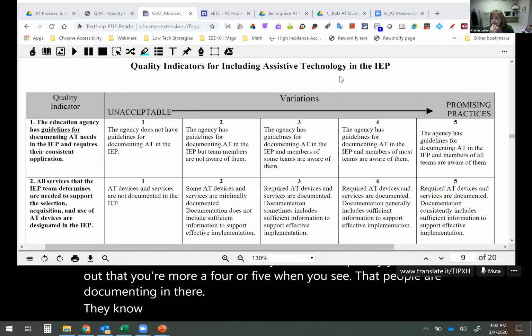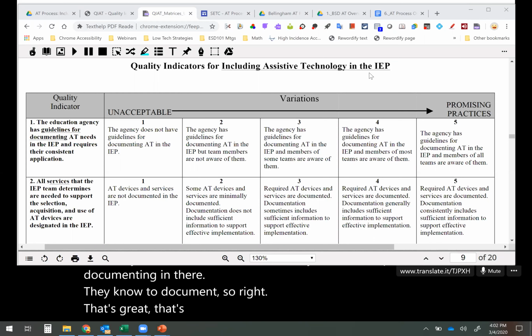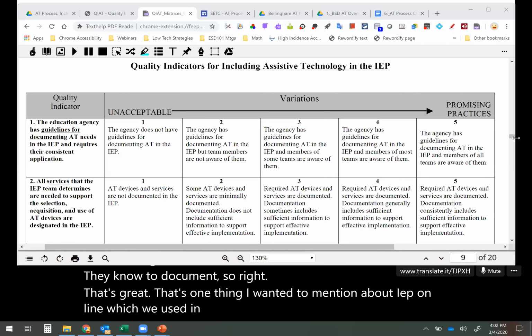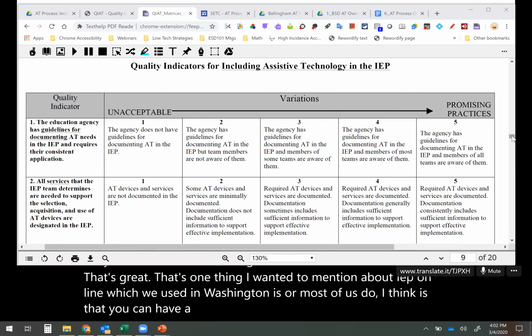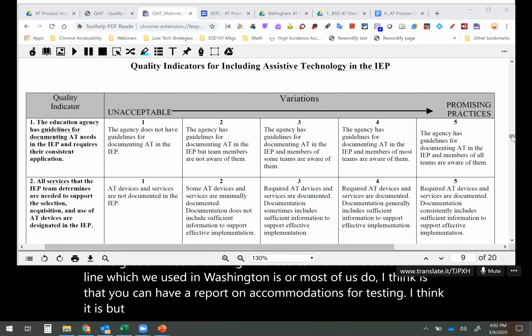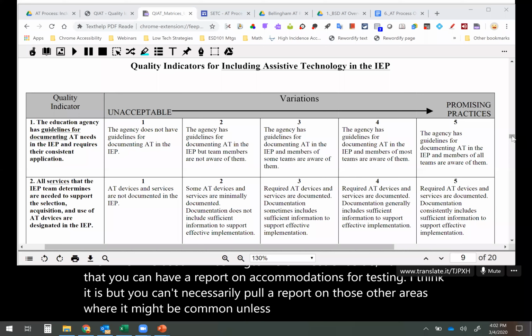Right, that's great. That's one thing I wanted to mention about IEP Online, which most of us in Washington use, I think. You can have a report on accommodations for testing, but you can't necessarily pull a report on those other areas where it might be common unless you do a custom report.